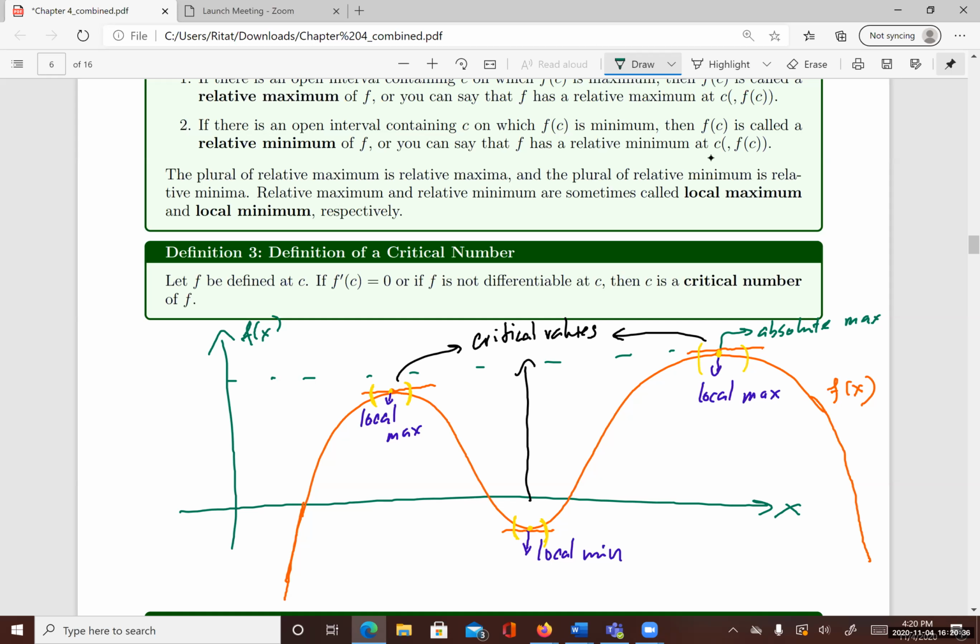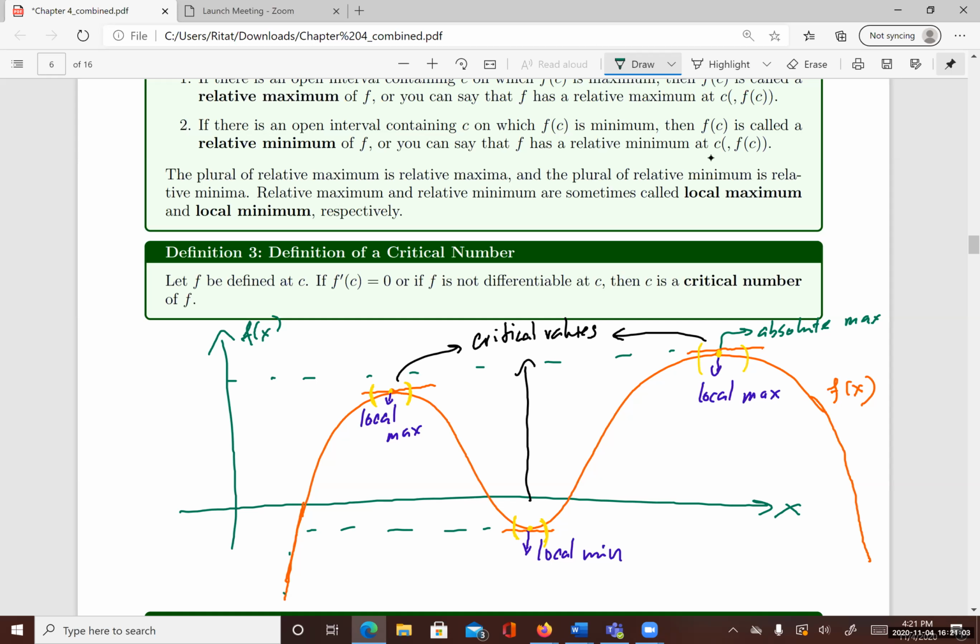There is no other value that is higher than this value anywhere. And this is also the local max. But then do we have an absolute minimum value? Probably not. So we have a local min right here, but again, this is not the lowest value of the function on the entire number line, right?